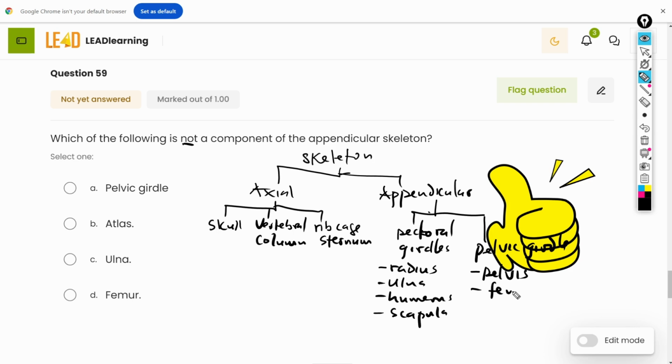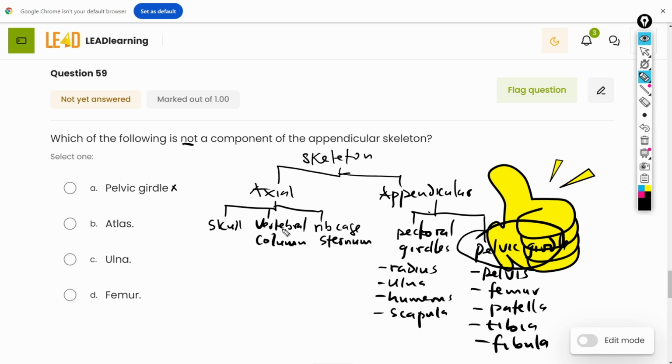So let's look at our options. Which of the following is not a component of the appendicular skeleton? The pelvic girdle is one of the sections of the appendicular skeleton. The atlas is one of the bones that make up the vertebral column, so the atlas falls under the axial skeleton.